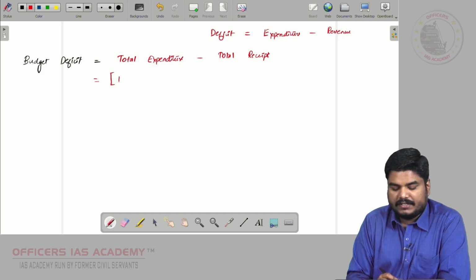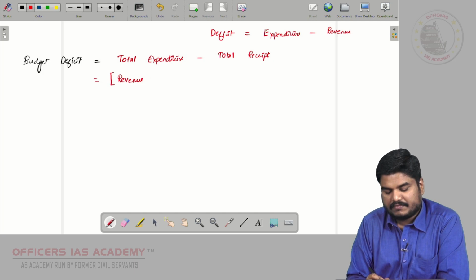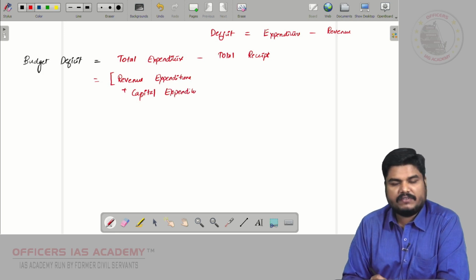My revenue expenditure plus capital expenditure, minus my total receipts. Total expenditure I have given here.